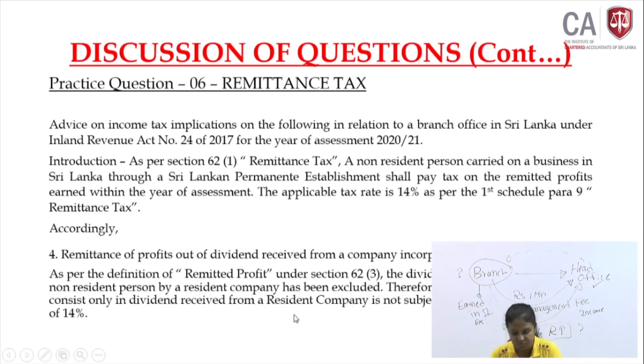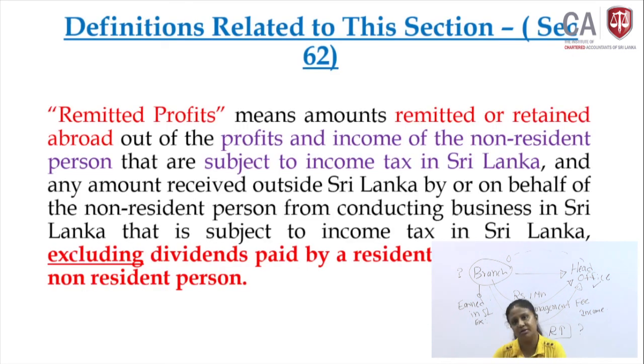Therefore, remittance of profit which consists only of dividend received from a resident company is not subject to remittance tax at the rate of 14%. The entire answer I have elaborated based on the definition given.